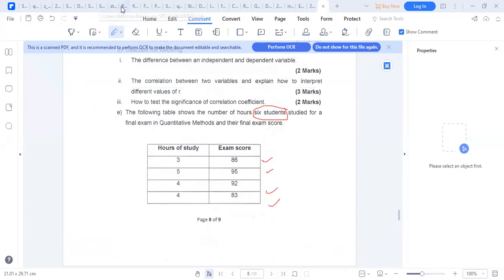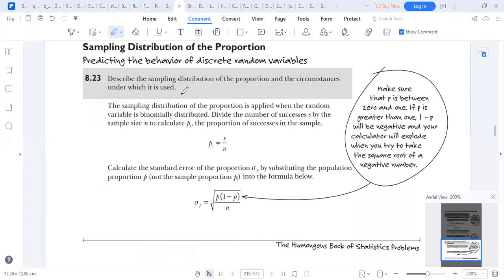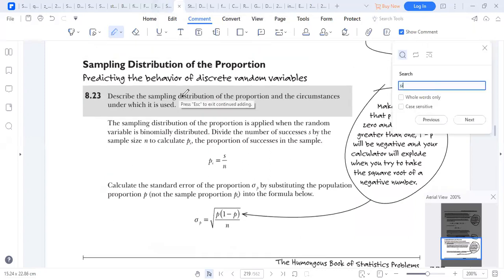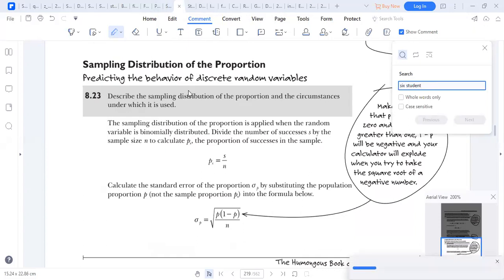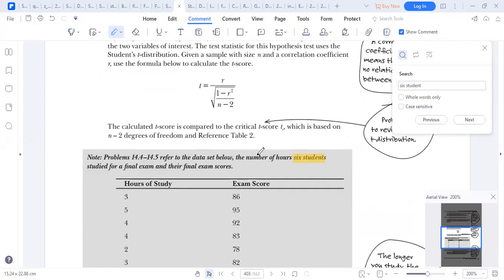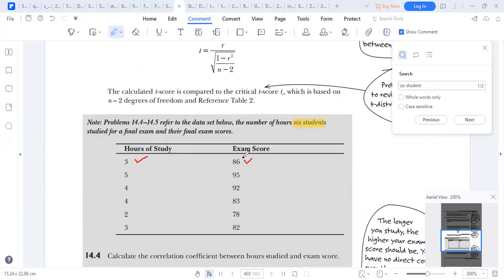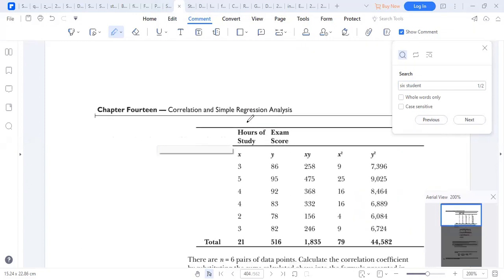So you will go through the QM Bible. 6 students, just type the same questions, just list them from there. You see here, I've just typed 6 students, exam score and hours. Then those down there, you find x, y, x, correlation coefficient.